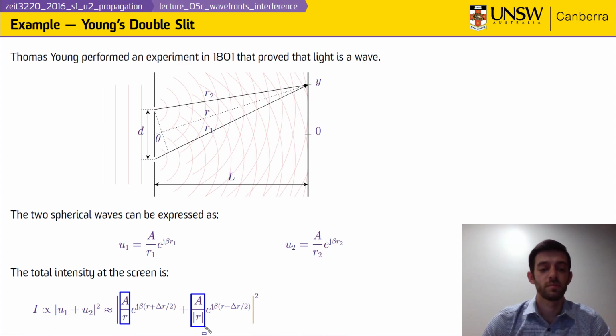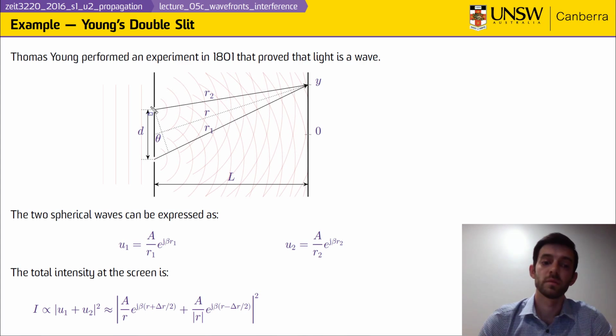And this change is because it is safe to approximate r to be about the same between slit 1 and slit 2, but only when it comes to operating with the magnitude of your field, not the phase.